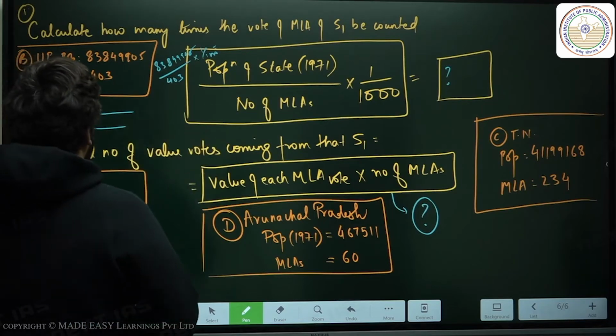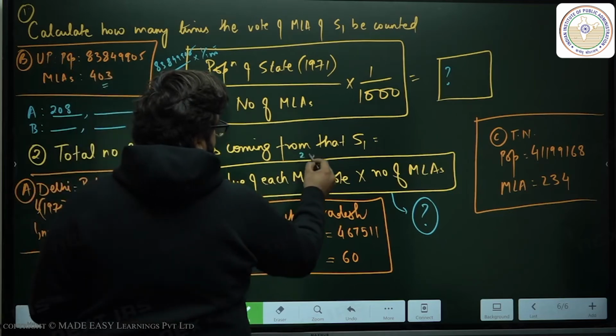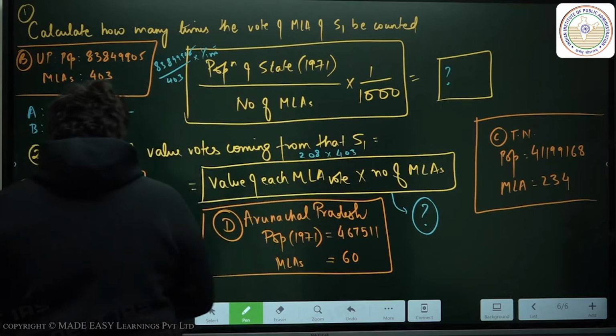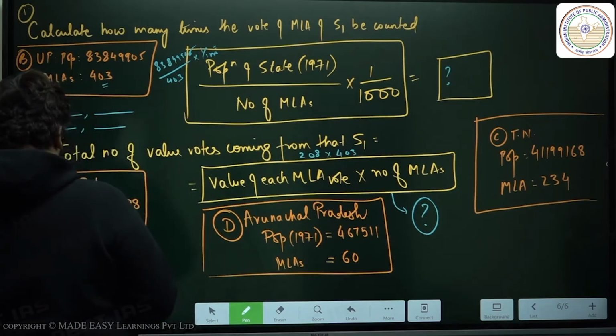Round it off to 208. Then 208 into 403 is 83824.